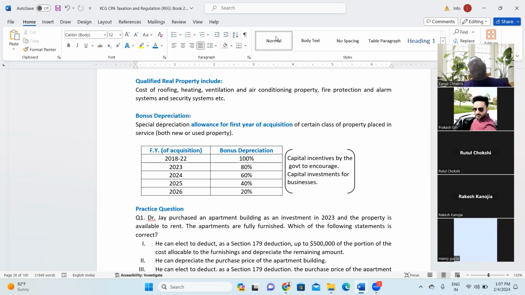For example, if you have invested in an asset, let's assume $1 million, right? And the life of the asset is, let's assume, 10 years. And you are using the straight line method of depreciation. So that means $100,000 of depreciation you will be charging over the period of 10 years, right?